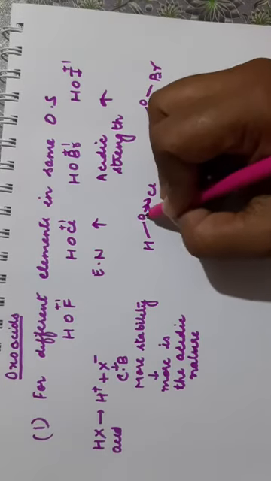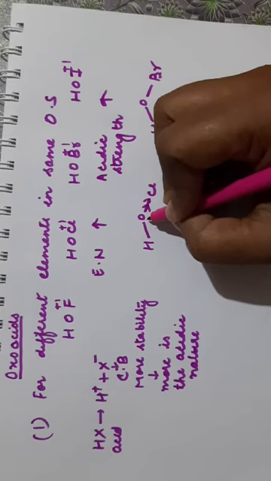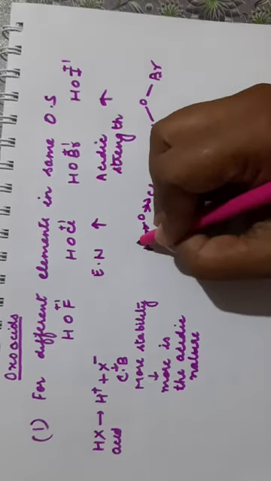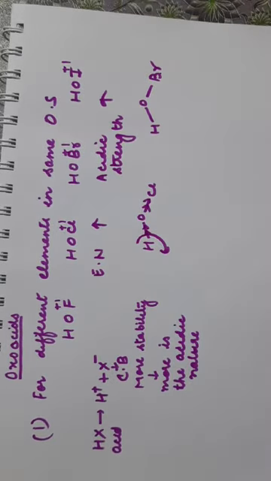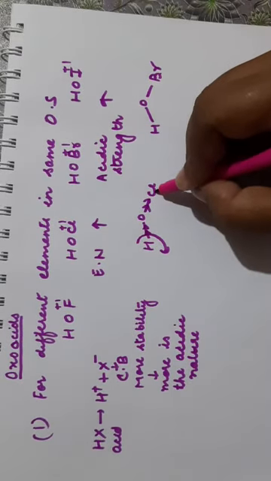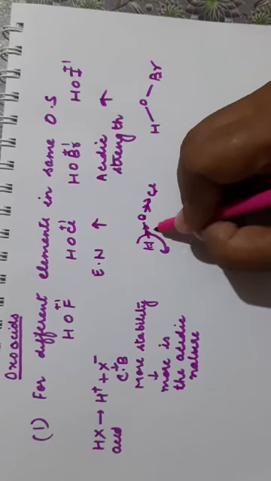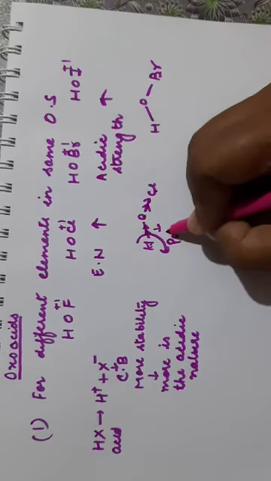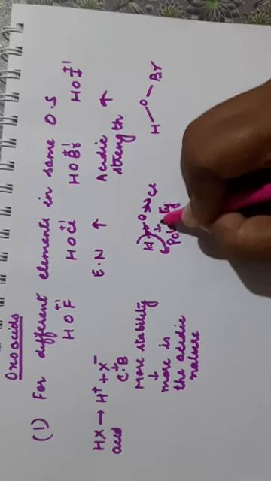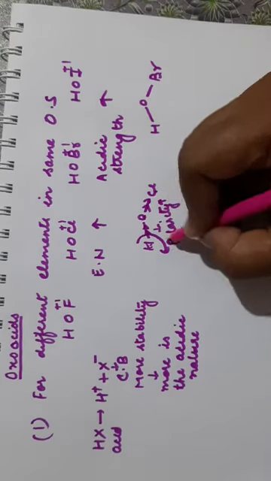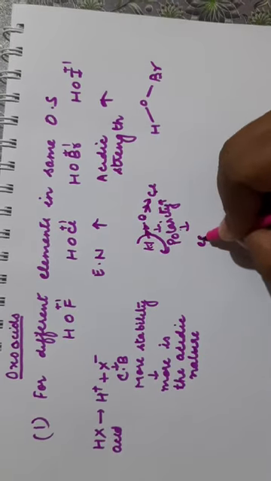So the attraction for electron will increase and the release of this proton will become easier. So more the electronegativity of this chlorine atom, more will be the polarity of the OH bond. Polarity means electron will shift to one side, and more will be the polarity, easier will be the release of H plus ion.